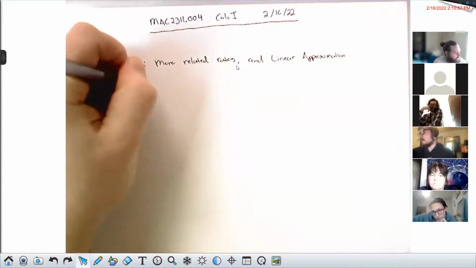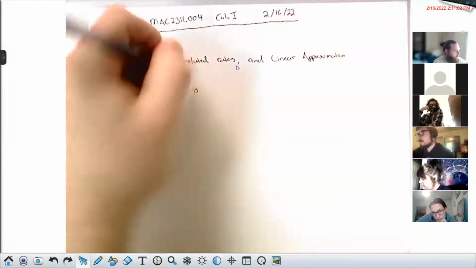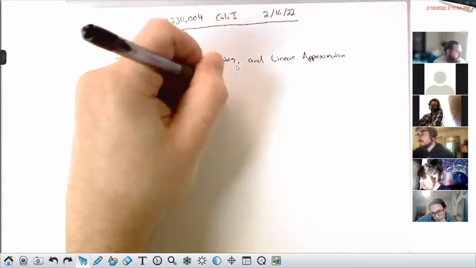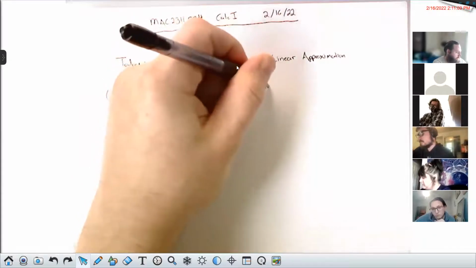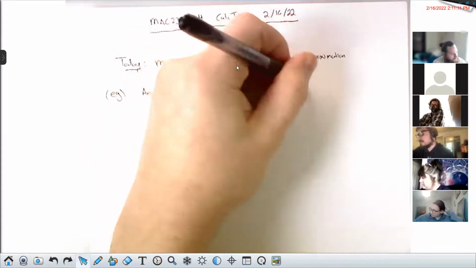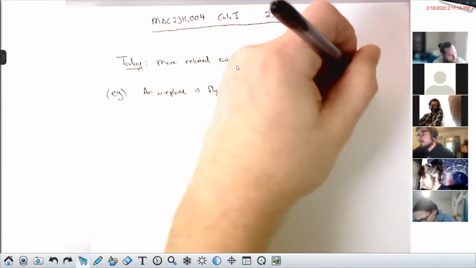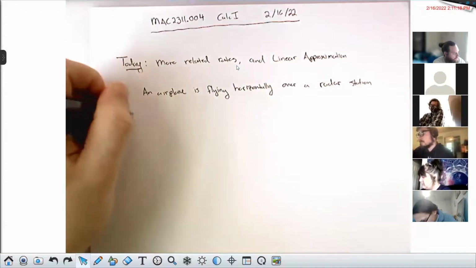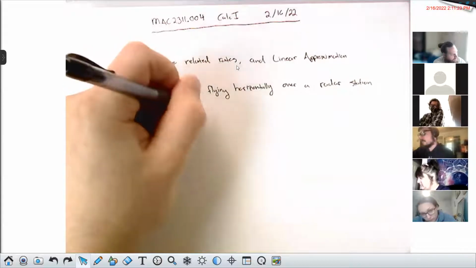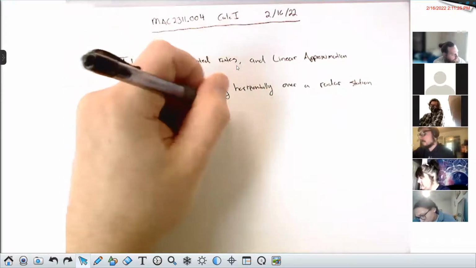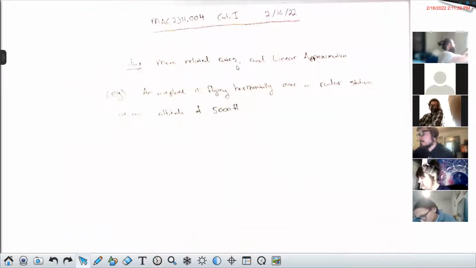Imagine an airplane is flying horizontally over a radar station at an altitude of 5,000 feet. And this radar station wants to track that plane.